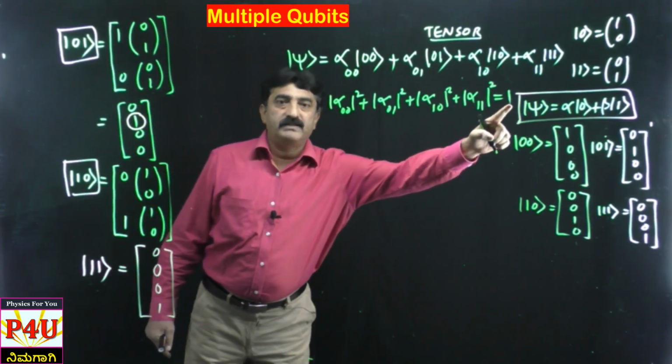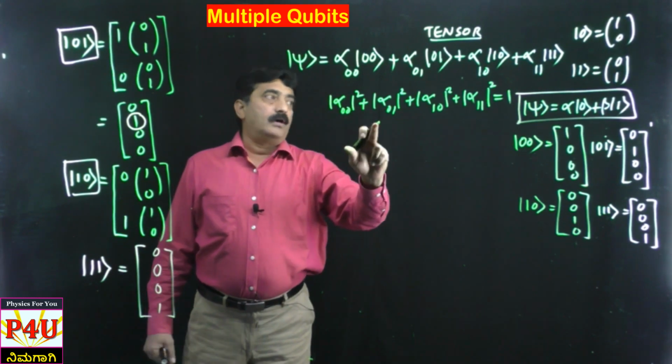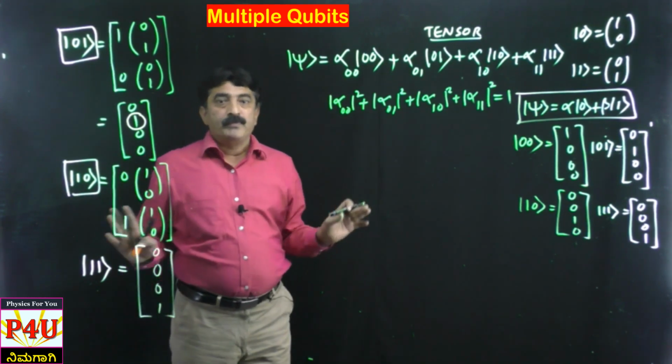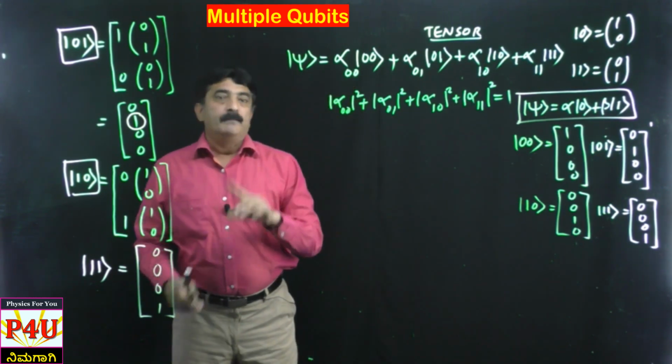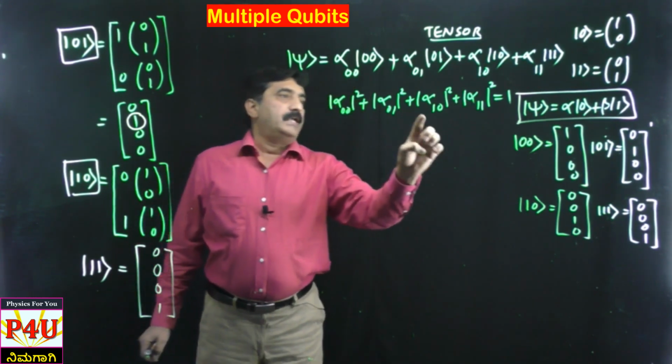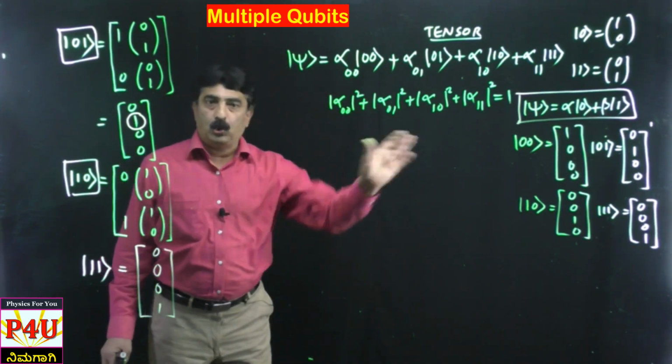There is no compromise on this. That means alphas can take any value, but maximum is 1 and all put together is equal to 1. By chance, if this is 1, rest everything are 0 and so on.